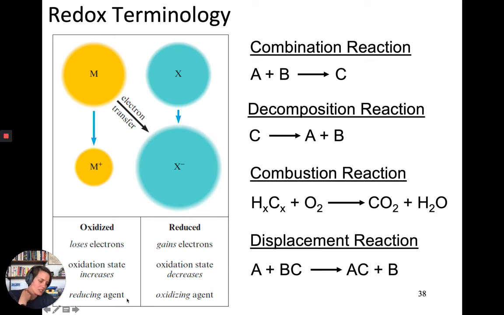So a species that is oxidized, or readily oxidized, is also known as a good reducer, which is annoying, but that's the way it is. Likewise, if something is reduced, it gains electrons and its oxidation state decreases, and it is known as the oxidizing agent. So it is a good oxidizer. It causes something else to be oxidized. That means that it's really good at taking electrons.